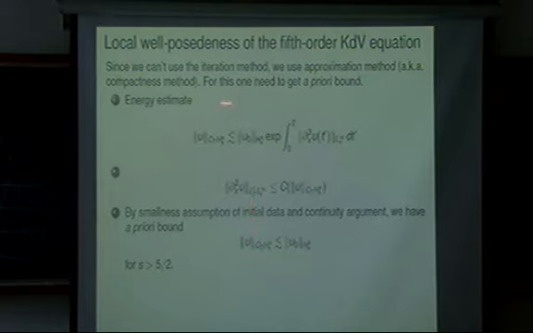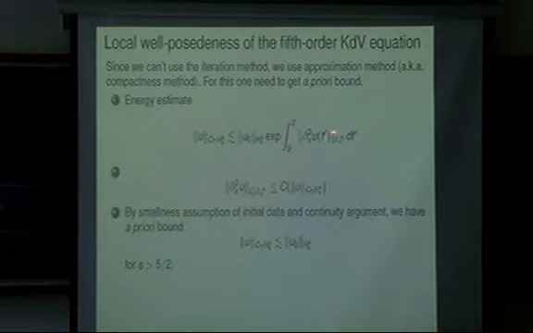So by finding such an energy estimate, we can already improve Ponce's earlier result up to S greater than 3½ plus epsilon. But at this time, I didn't use anything about the dispersion effect.